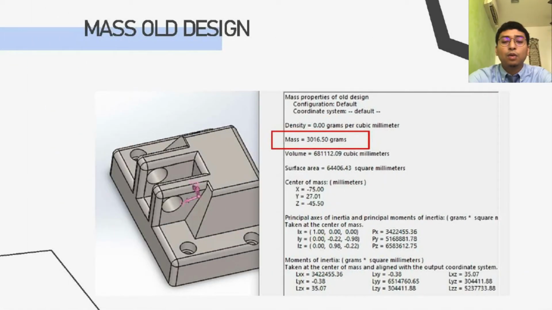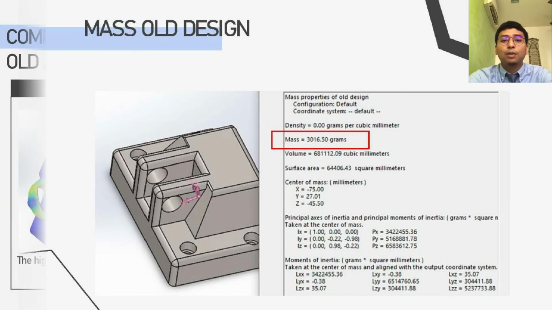The mass of the old design is 3016.50 grams, around 3 kilograms, and the mass of the new design is 1832.61 grams, around 1.8 kilograms.